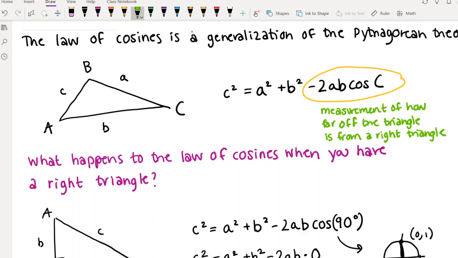So you don't need to think about it that way in order to use the law of cosines, but I like to bring that up because, at least for me, it really helps me remember the law of cosines because I have a way to fit it into my brain alongside the Pythagorean theorem.